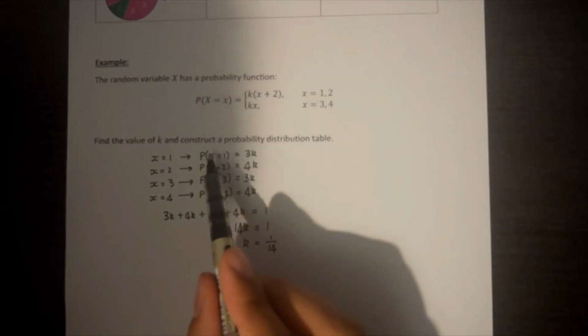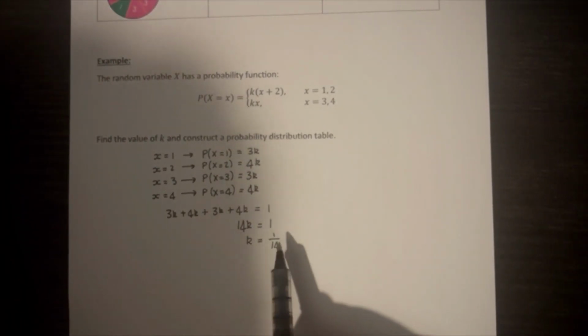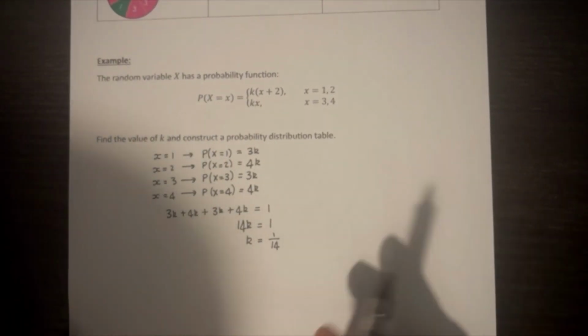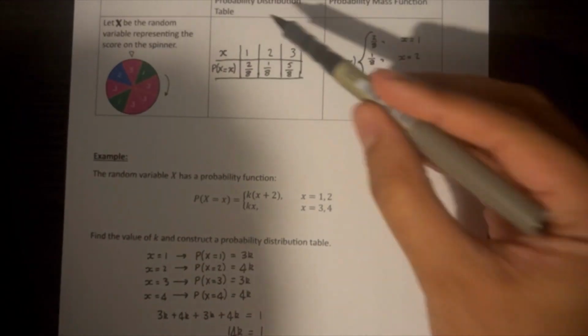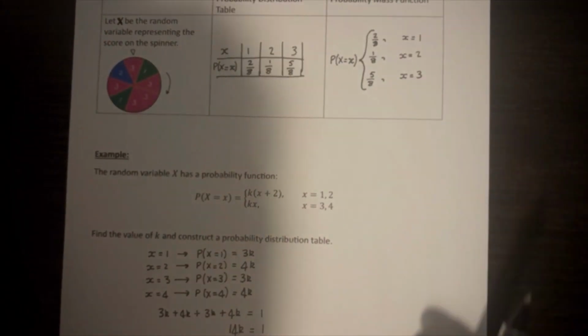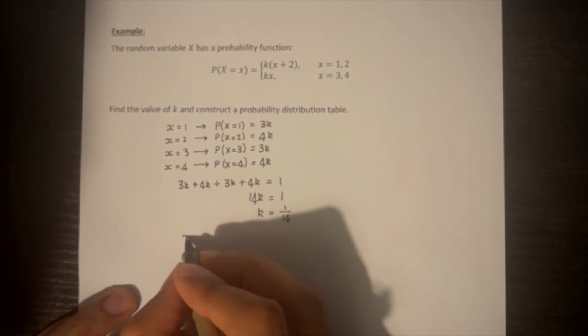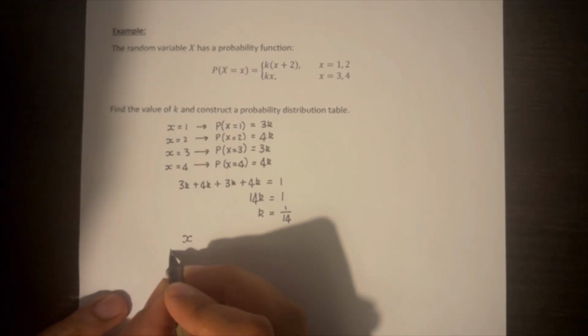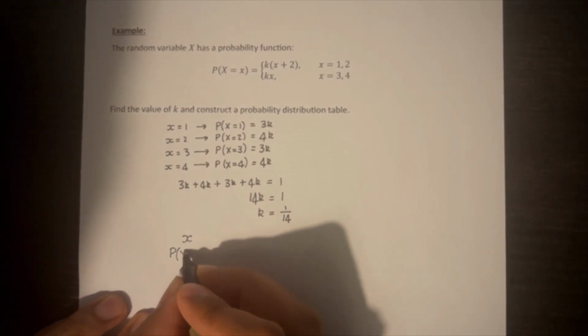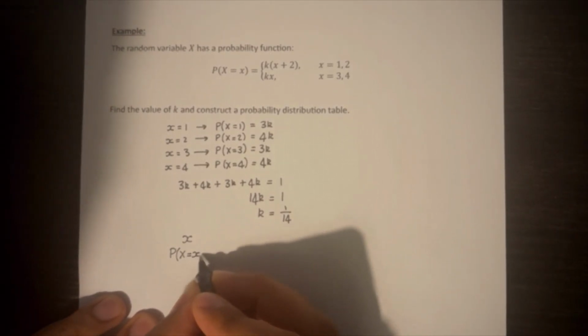The last step, we're being asked to construct a probability distribution table. A probability distribution table is going to be a table which looks like this. I've got my values of x and the probabilities that my random variable was equal to x.